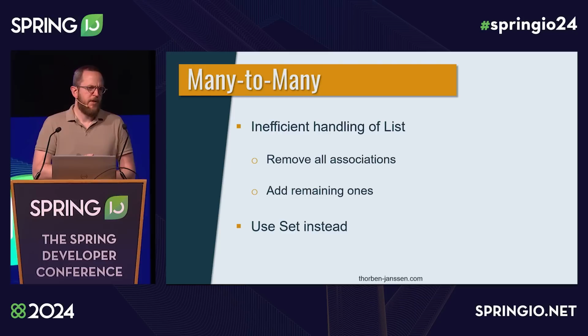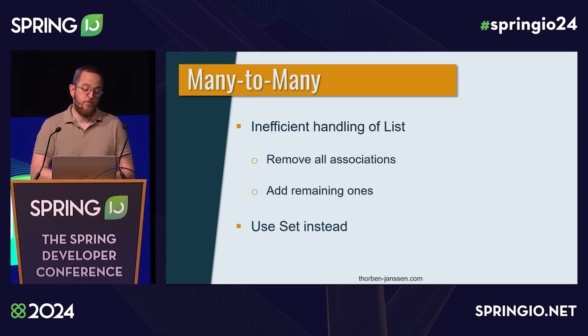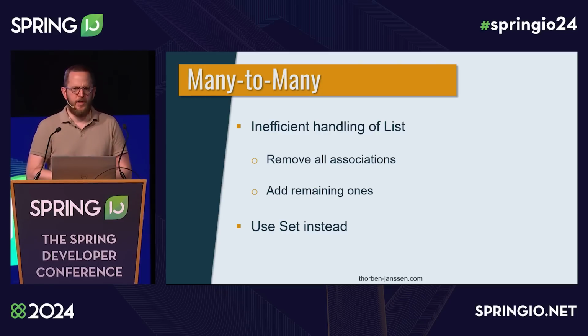When all of us learned about collection types in Java, then we were probably told that a list is more efficient than a set, right? Well, not with Hibernate, and not when modeling a many-to-many association, because lists can contain duplicates, and that makes it relatively hard to determine the delta between the list that Hibernate fetched from the database and the one that we then provide after doing some modifications on it.